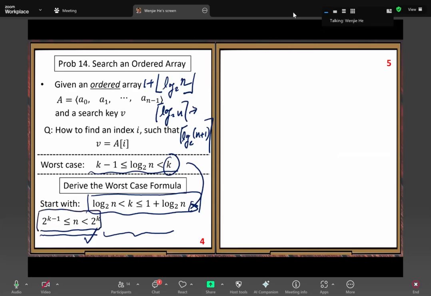Then we have this inequality first. How did we get this inequality? Remember, we used the problem size reduction understanding. For the binary search, every time we drop half of the data, right? So we apply the elimination method. When we compare the given key to the median of the array, we can drop 1/2.